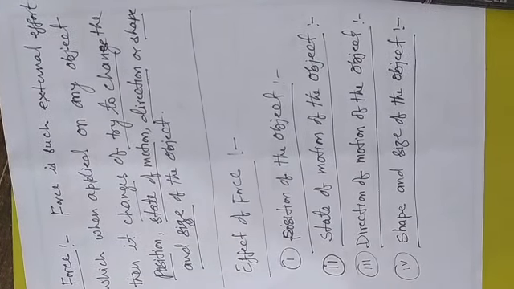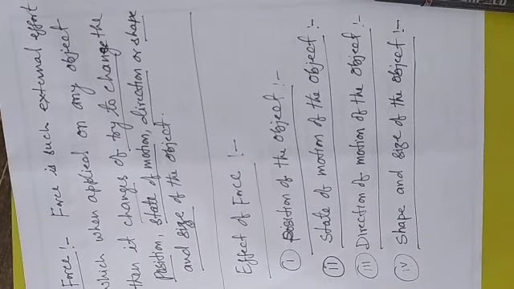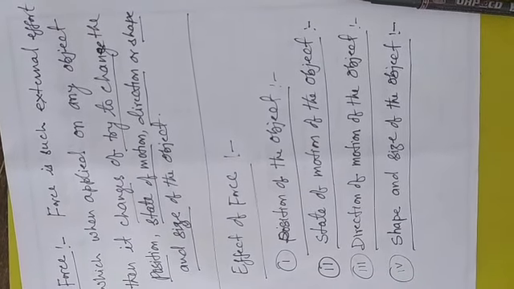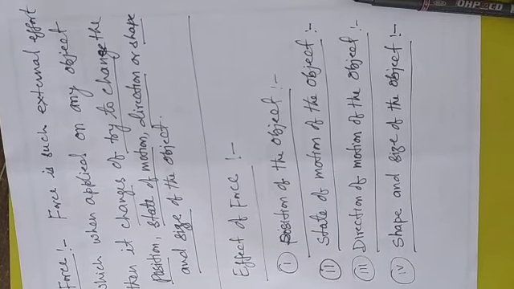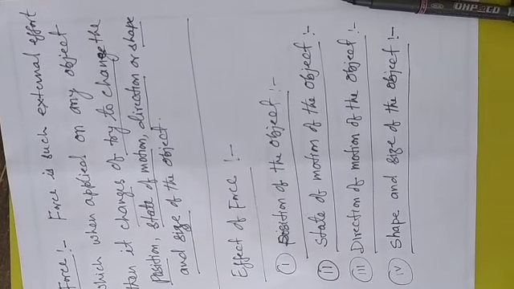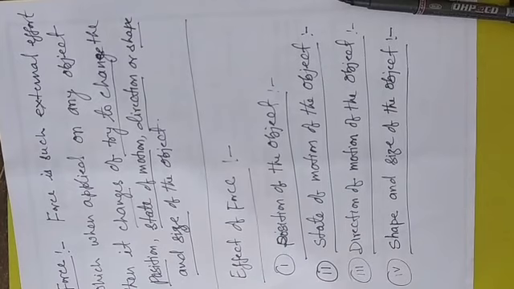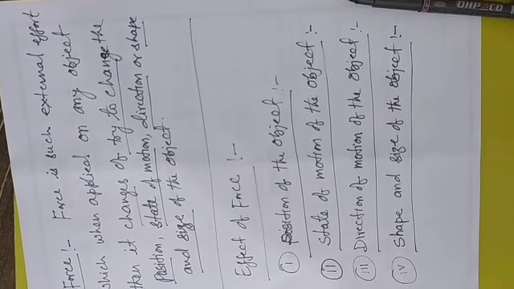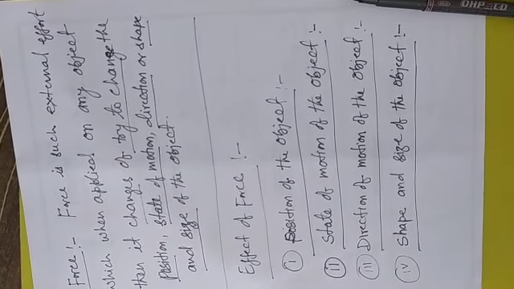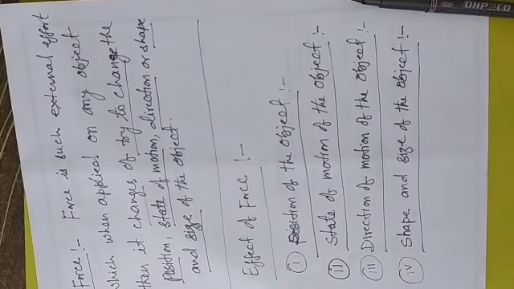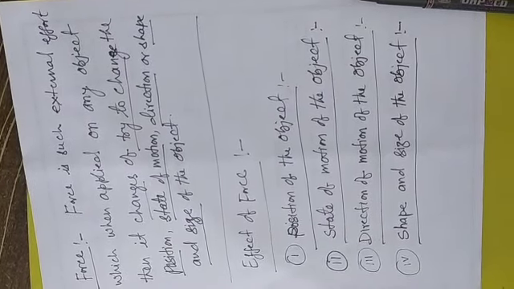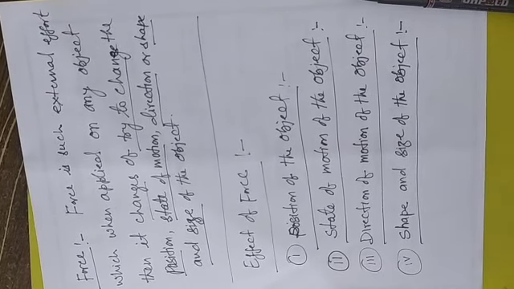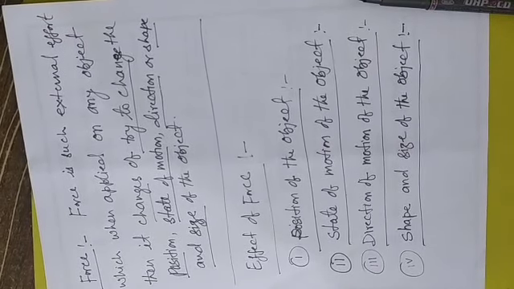By the application of force, you can change the size of the object or try to change the size of the object. For example, if you take a rubber band, then by the application of a little force, you can change the size of that rubber band.